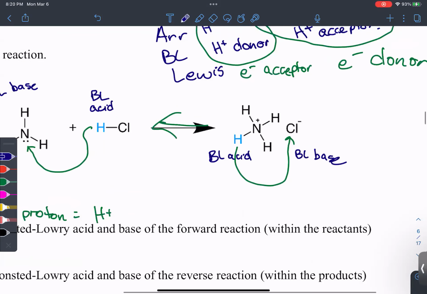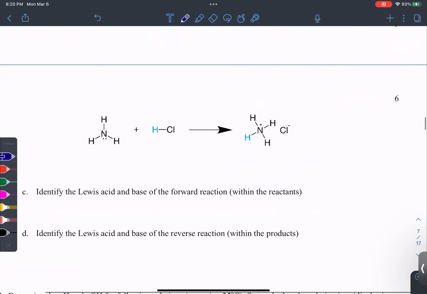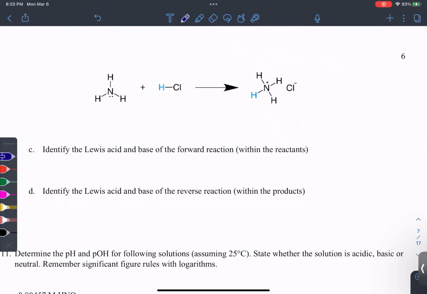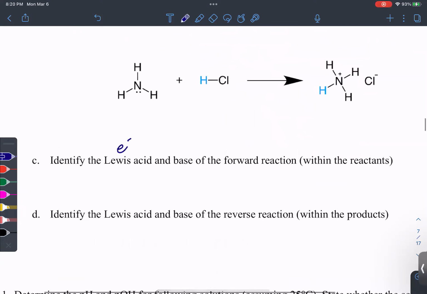Okay, so we talked about Bronsted-Lowry. What do you think we're going to talk about next? Lewis. Oh, it's the same reaction. Interesting. But now our focus is on electrons. We know that the hydrogen is popping off of that HCl and attaching itself to the nitrogen on ammonia.